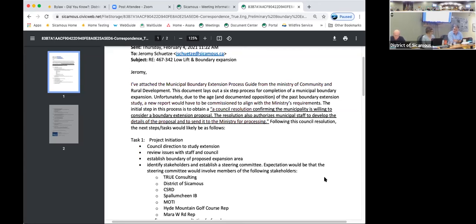I would sort through and see how many Area E signatures, maybe there's only 3. That wouldn't even pull a trigger on anything, really. So maybe that's where we start. Find out how many of these are Area E and how many of these are District of Sicamous, and compare the Area E's to the total amount of residents in Area E.